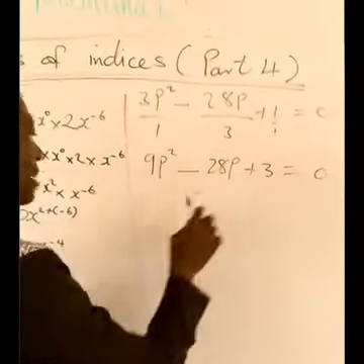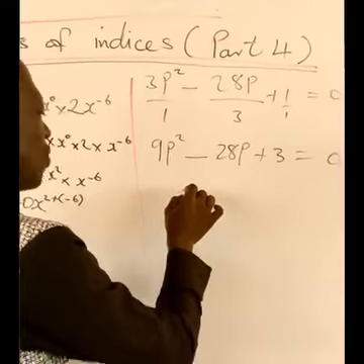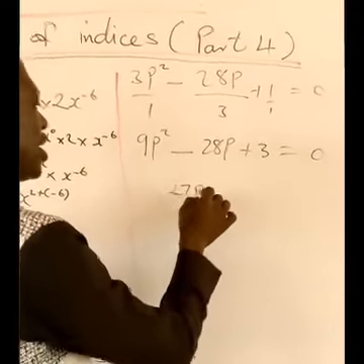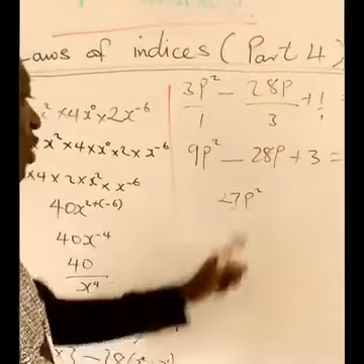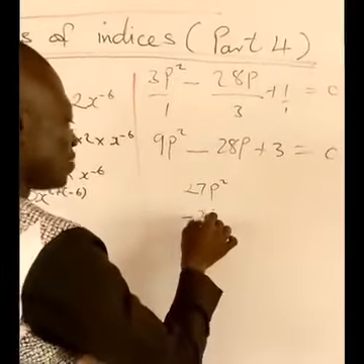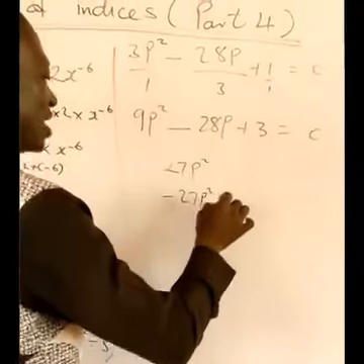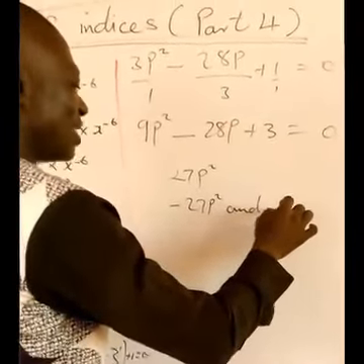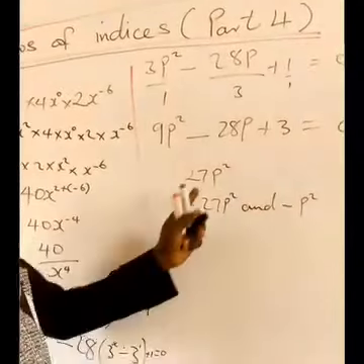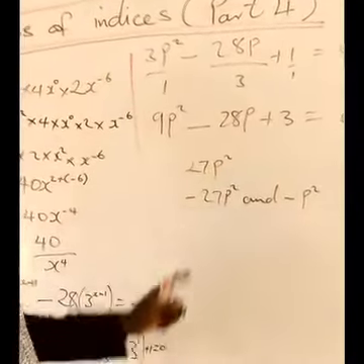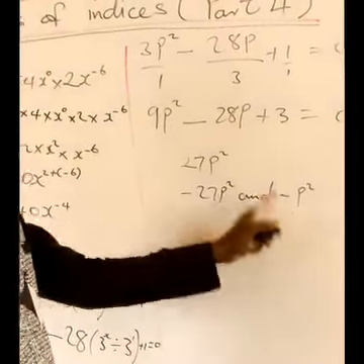The product of the first and last terms will give us 27p raised to power 2. Alright, so we find the two factors here, minus 27p squared and minus p squared. If you multiply these two numbers, you will get this, of course. If you add them, you are going to get the middle term.